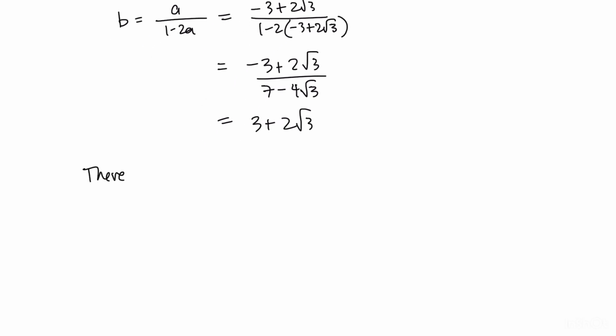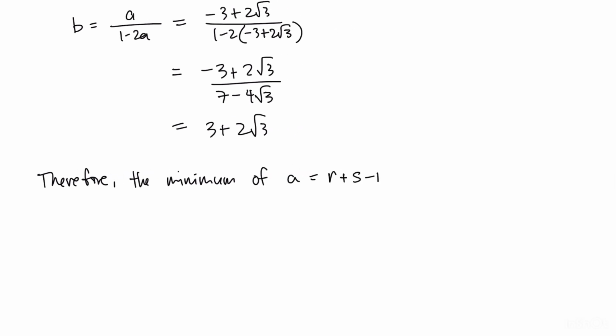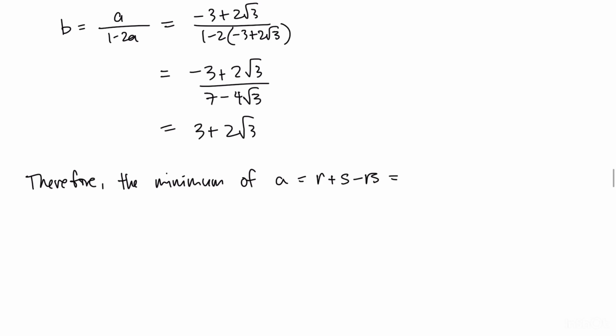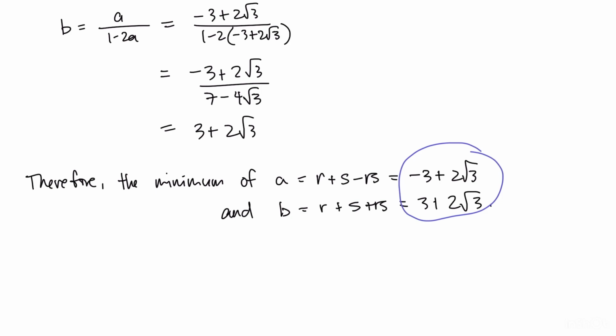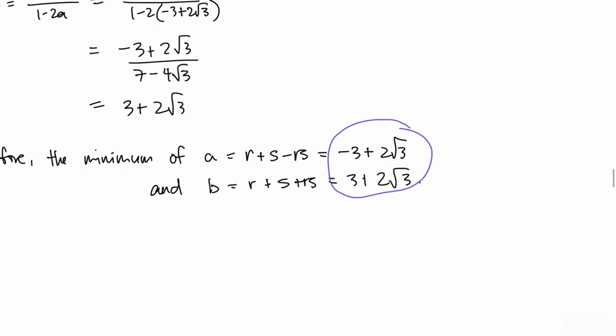So therefore, the minimum value of a, which is equal to r plus s minus rs, is equal to negative 3 plus 2 square root of 3, and b, which is equal to r plus s plus rs, is equal to 3 plus 2 square root of 3. So these are the two minimum values. So we're done.